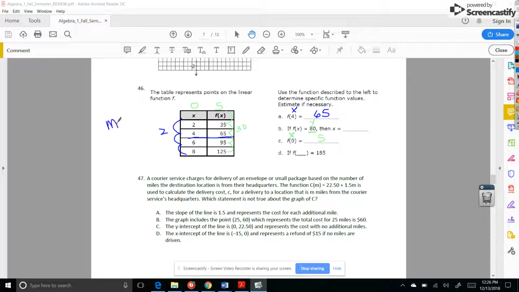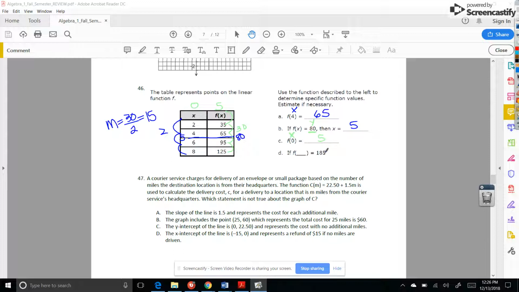So that's my m, 30 over 2, which is 15. So what would happen if I go halfway between this? 65 plus 15 is 80. 80 plus 15 is 95. So if 80 is halfway between 65 and 95, then my answer has to be 5, because 5 is halfway between 4 and 6.